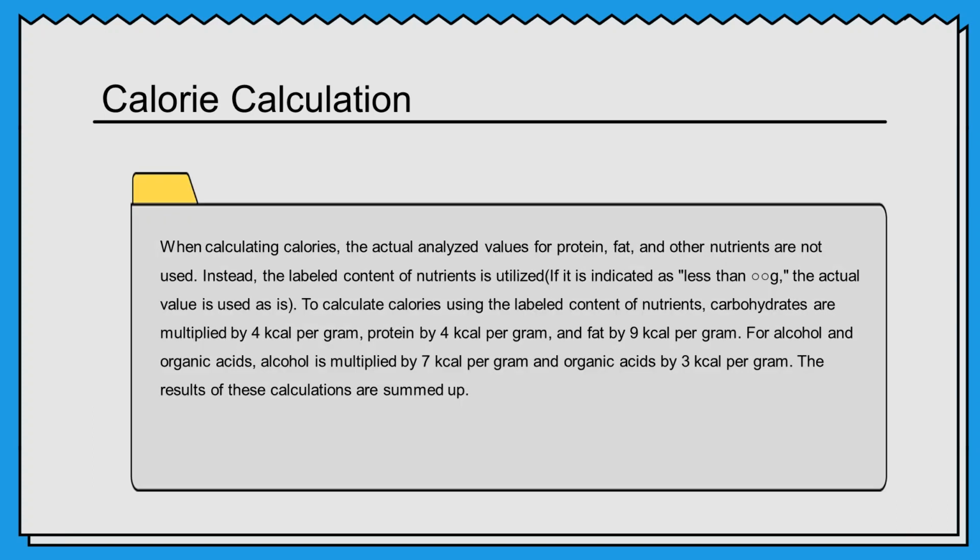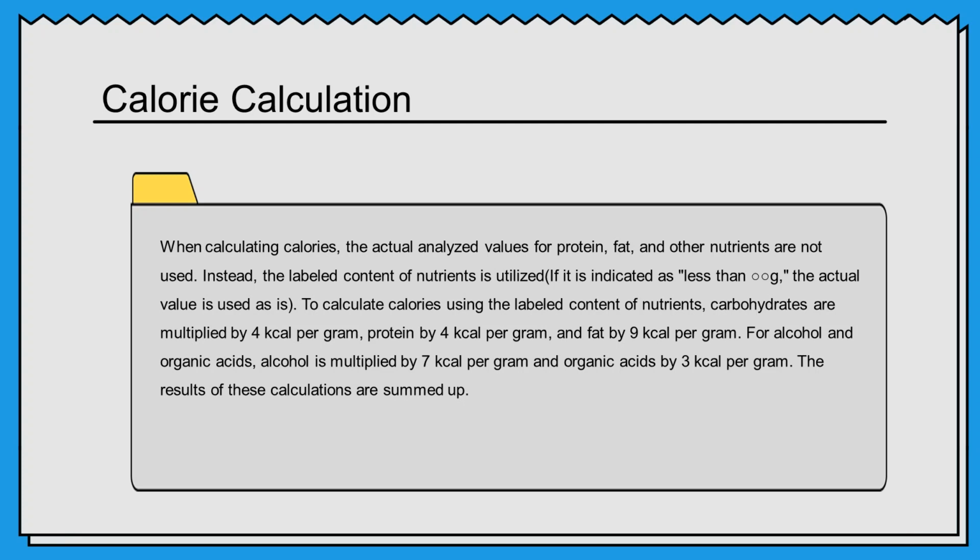When calculating calories, the content of nutrients like protein and fat is determined using the labeled values rather than actual analysis results. Using the labeled content of nutrients, carbohydrate calories are calculated by multiplying by 4 kilocalories per gram, protein by 4 kilocalories per gram, and fat by 9 kilocalories per gram.